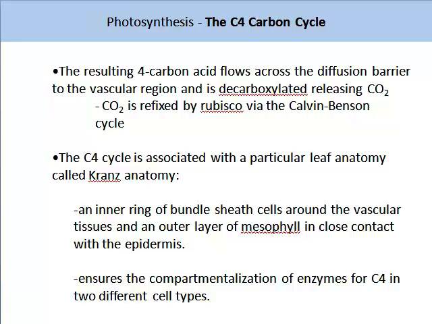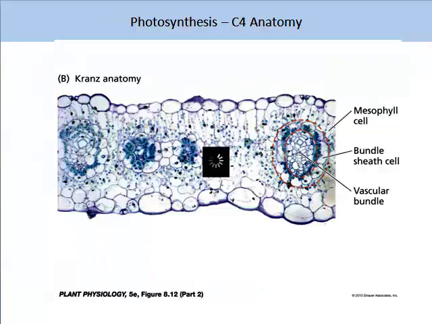The C4 cycle is associated with a particular leaf anatomy, and this is called the Kranz anatomy. An inner ring of bundle sheath cells around the vascular tissue and an outer layer of mesophyll in close contact with the epidermis describes this anatomy. This anatomy enables the compartmentalization of enzymes for C4 in two different types of cells.